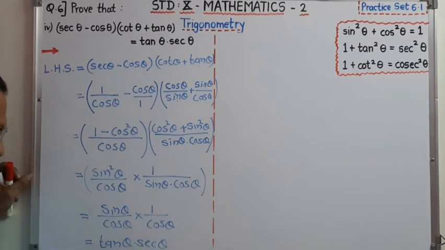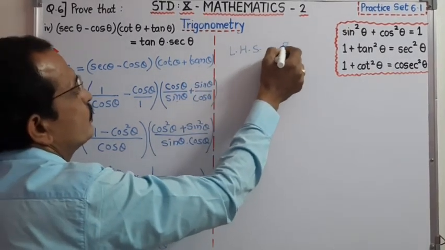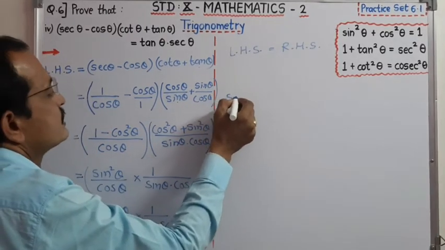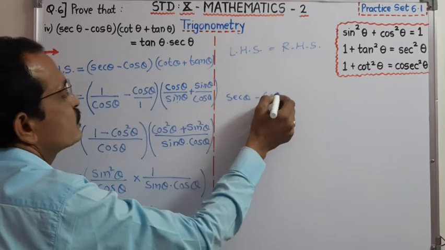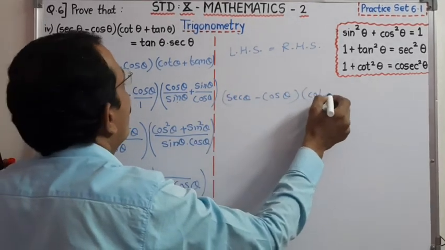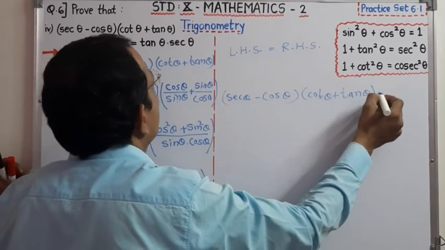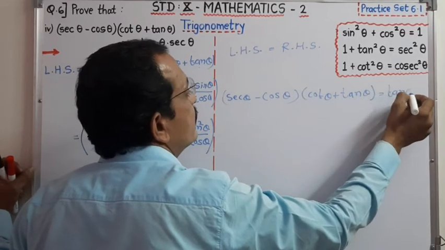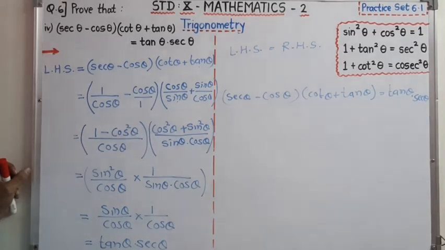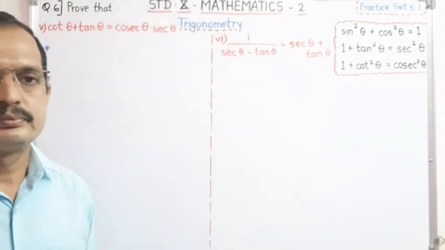Therefore we got here LHS is equal to RHS. Therefore we can write here sec theta minus cos theta into cot theta plus tan theta is equal to tan theta into sec theta. Dear student, in this way we prove this LHS is equal to RHS.